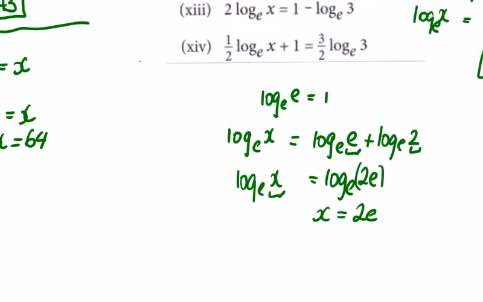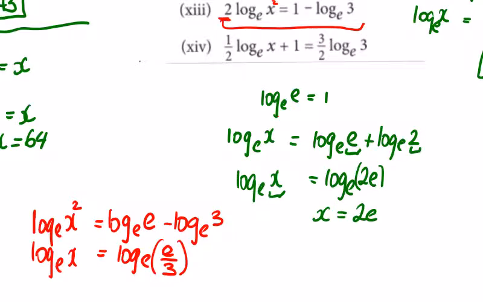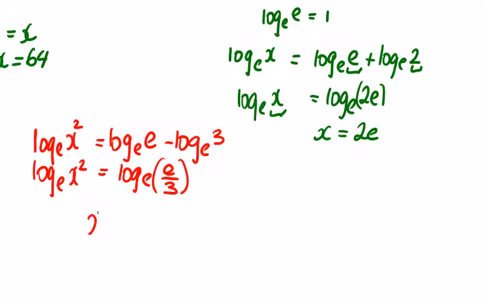Number 12. Again, we can simplify the left hand side, log to the base e of x squared, bringing the 2 up, and then that's going to be equal to log, the 1 is log to the base e of e, minus log to the base e of 3. So we're going to get log to the base e of e over 3 will be equal to the log to the base e of x squared. So x squared is equal to e over 3. So x is equal to the square root of the right hand side.